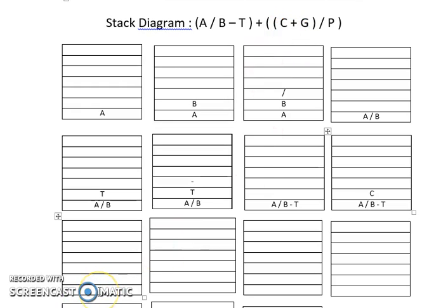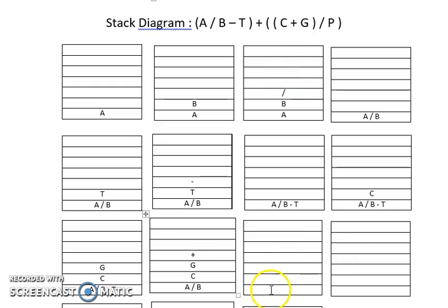Okay, the next we also want to write down the G. Okay, now we want to add the plus here, so we write on top of the G. So we write down the previous step. Okay, we complete the first part of the second part of the equation.